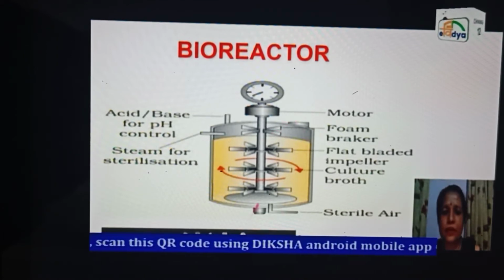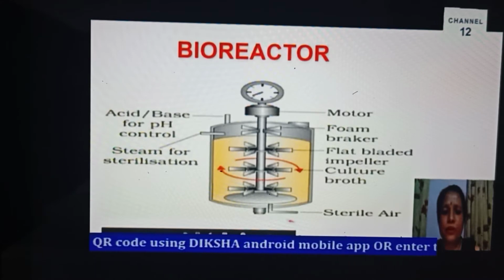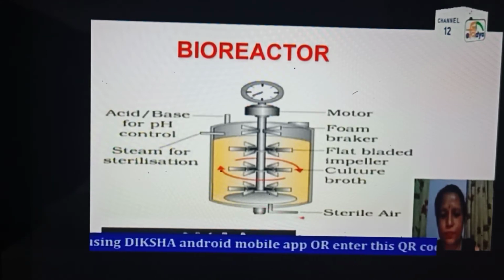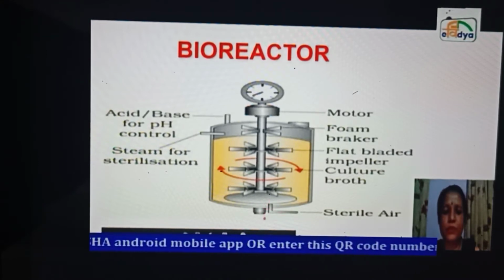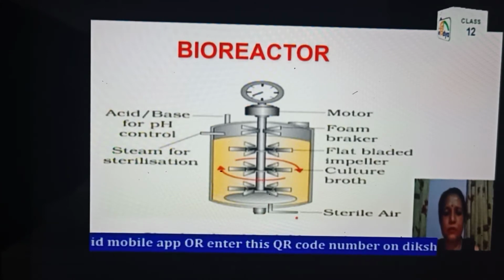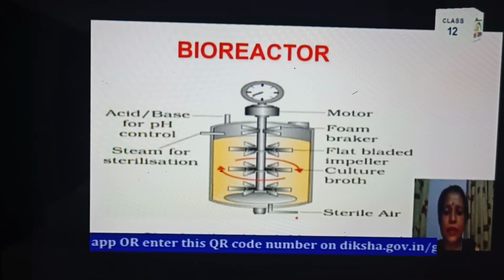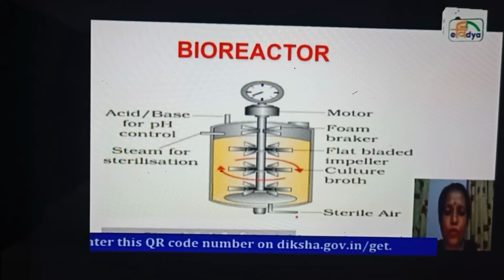Then there is an effluent pipe, the harvest line, by which we can obtain the products, the desired gene or the desired products in the form of proteins.